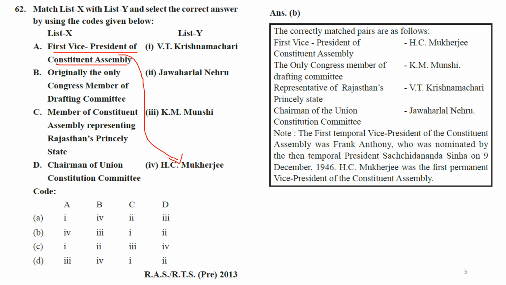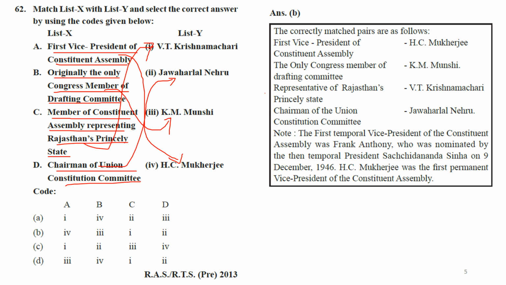The only Congress member of the drafting committee was K. M. Munshi. The member representing Rajasthan princely state is VTK, and the chairman of Union Constitution Committee is Jawaharlal Nehru.